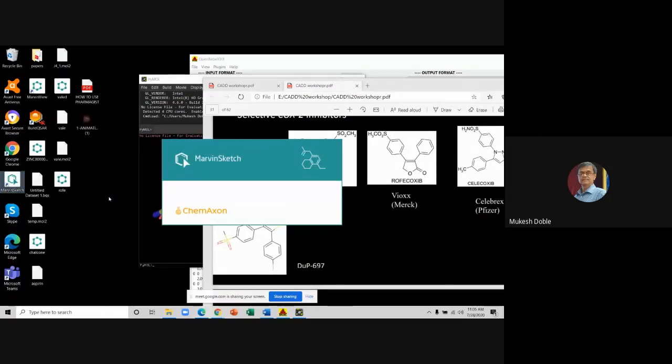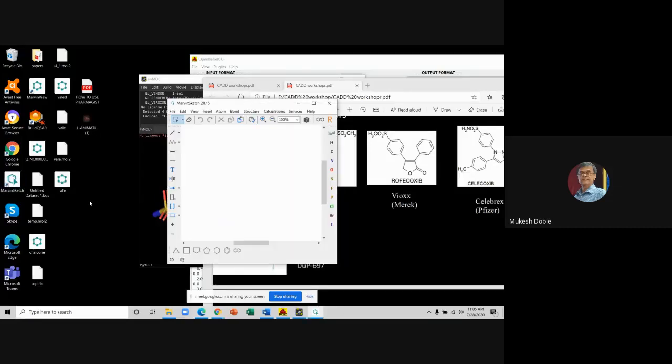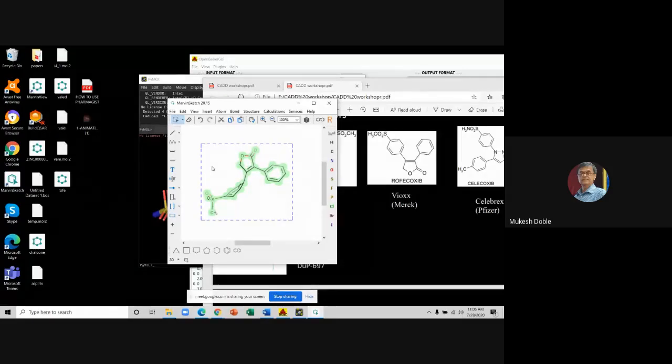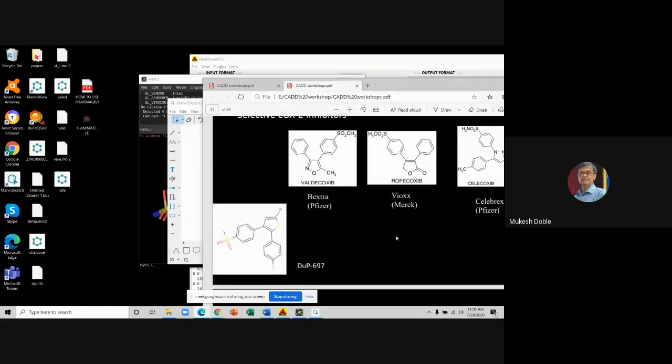Then again I use OpenBabel and convert that into a .mol2 file. And then if you want, you can view it through PyMol. It's not that you have to view it, but if you want, you can.